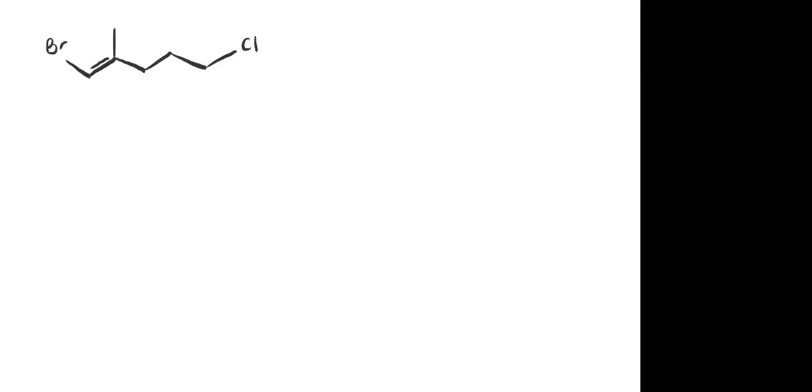So let's do this one, and I'm going to have you guys name it. So we have Br, and then we have chlorine over there. Have fun. Unless you guys want to go through it together. Is this like naming alkenes?